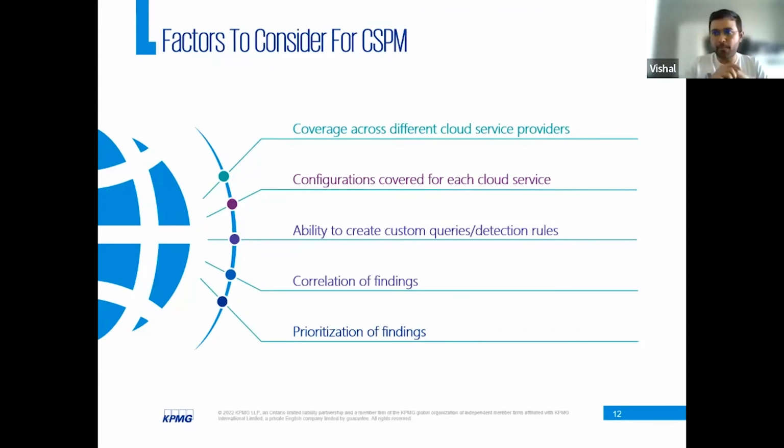Number three is the ability to create custom queries or detection rules. CSPM solutions will provide you out-of-the-box detection rules. However, depending on your compliance or security requirements, if you want to create additional rules, how easily can you do it, and is that available or not?